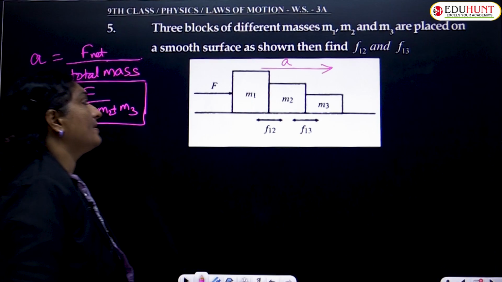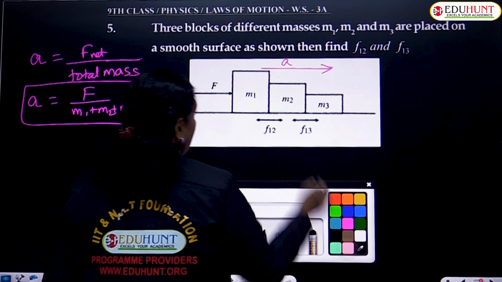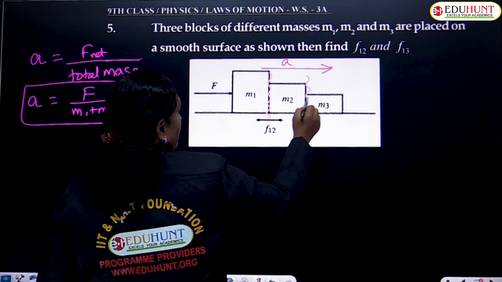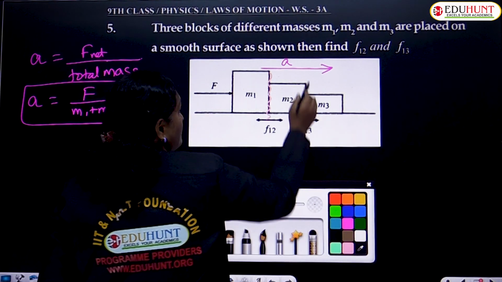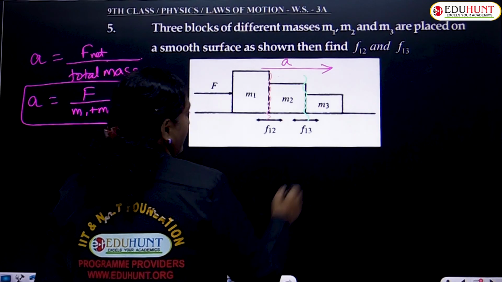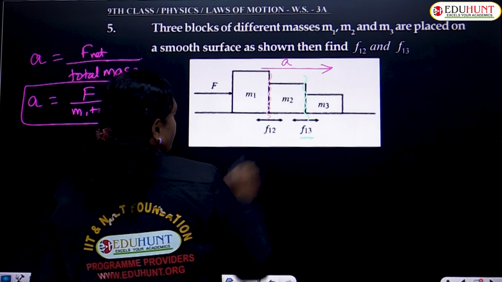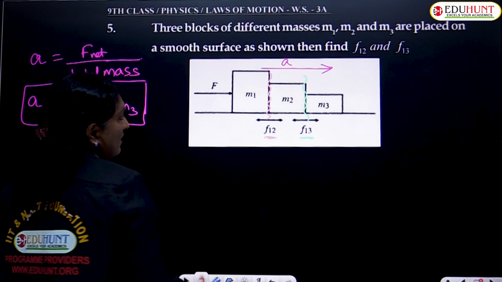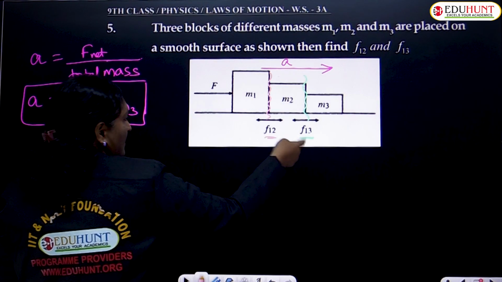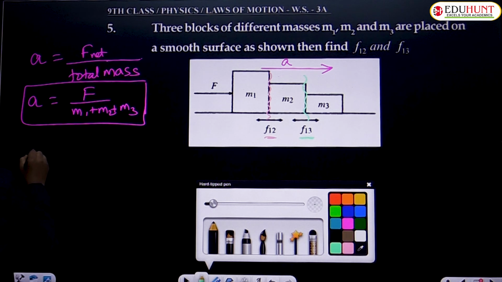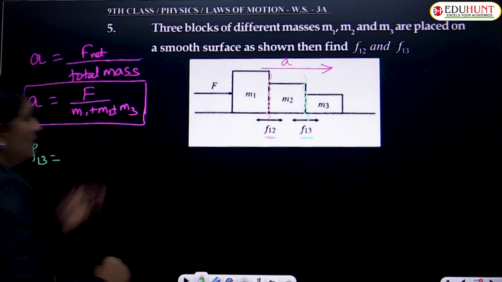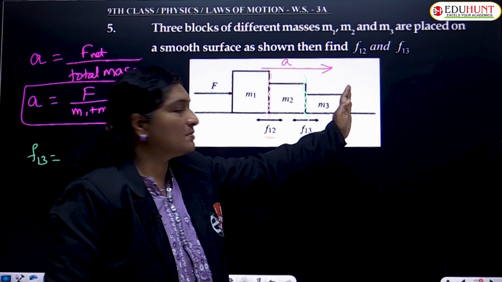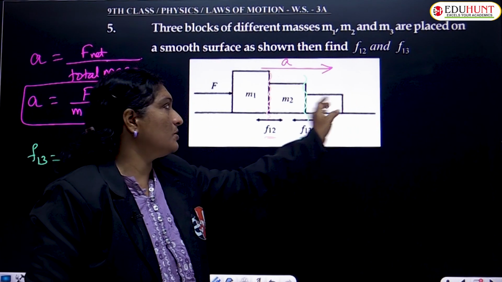But you're asked to find the contact force between M1 and M2, indicated by F12, and the contact force between M2 and M3, indicated by F13. Let us try to find them. First of all, let me find F13, then I'll move to F12. If you would like to find F13, because of this force F13, what body is set into motion? Only M3.